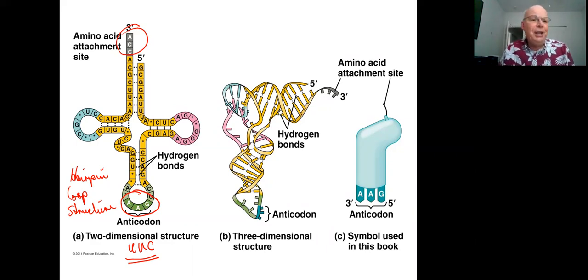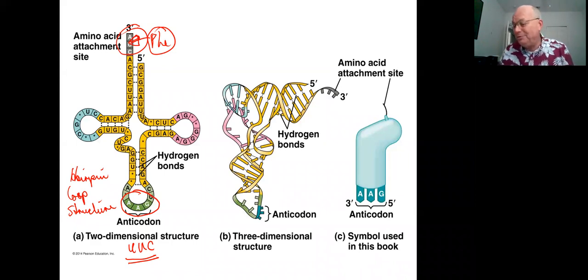So UUC happens to be the other codon for phenylalanine. So at this end, you're going to get a phenylalanine amino acid attached to this.